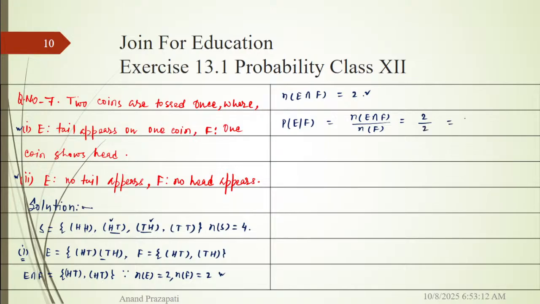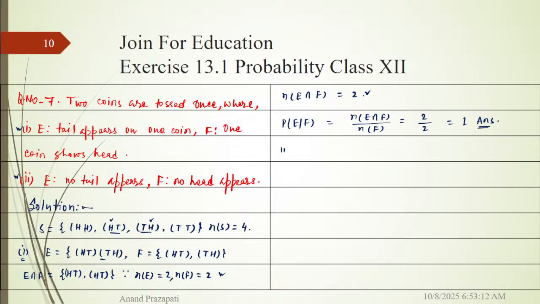After cancelled out we get 1. So 1 will be the answer of first part of question number 7. Hope that there is no problem to understand the first part of the question.